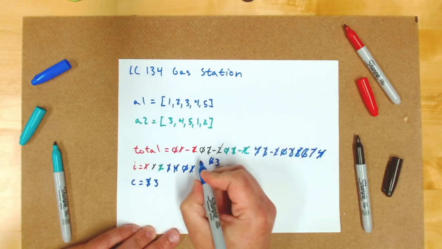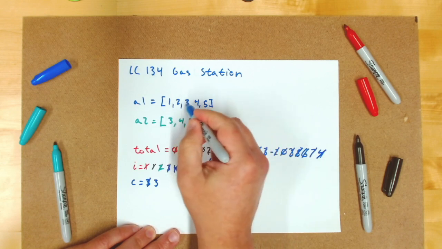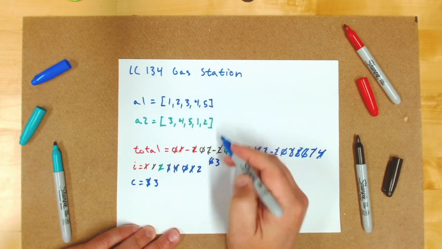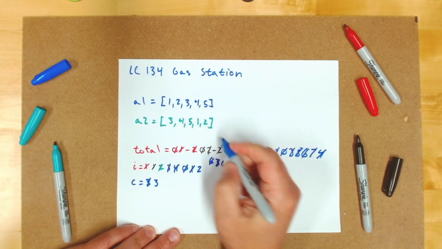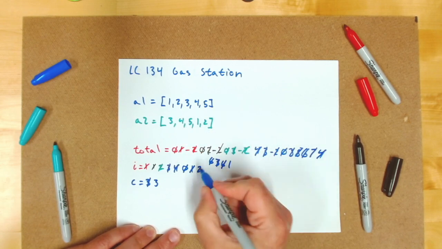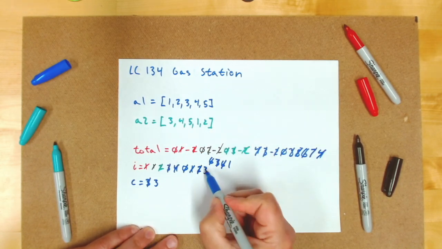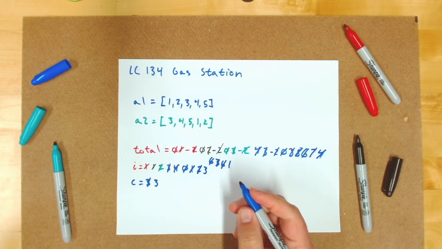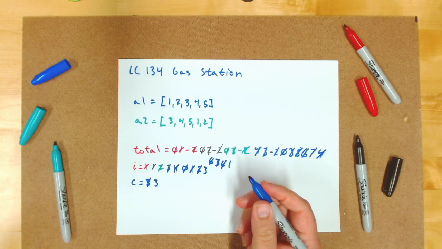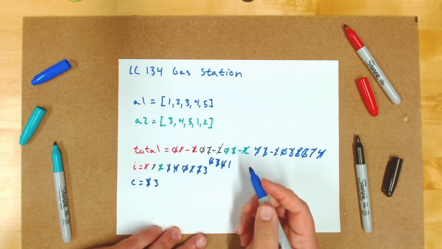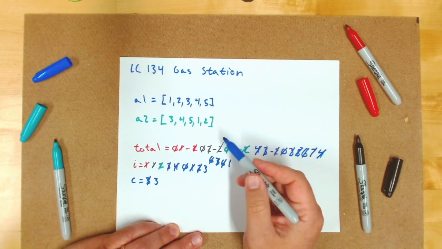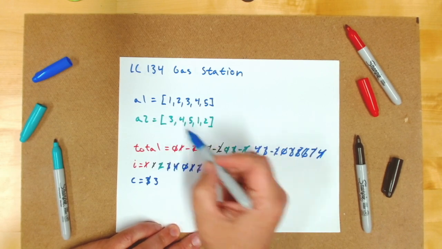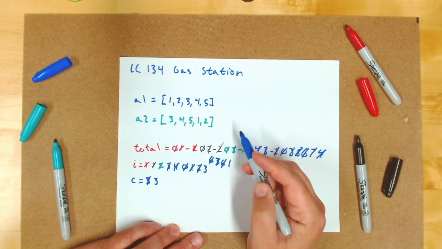Now we'll go to index 2. 0, 1, 2. So we add 3 to get 6. Subtract 5. We have 1. And now we're back at index 3, which was our candidate. So if we can add index 3, subtract index 3 from A2, we're good to go.